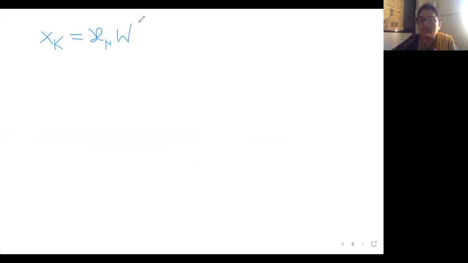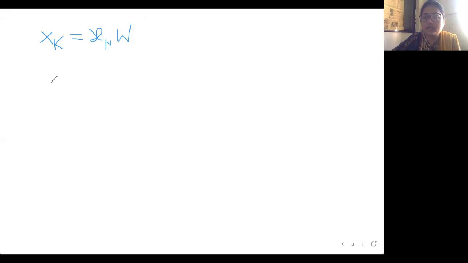In this way, the entire DFT equation we have represented with the help of matrix. Okay, so now with this understanding, we will try to solve the problem of DFT by using linear transformation or by using matrix terminology, right?